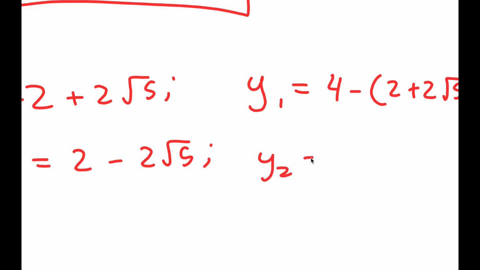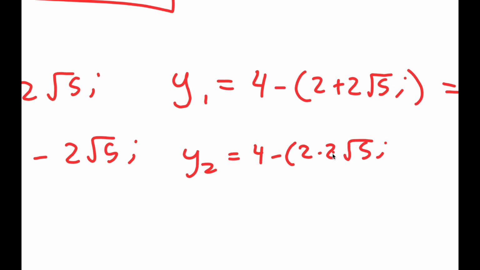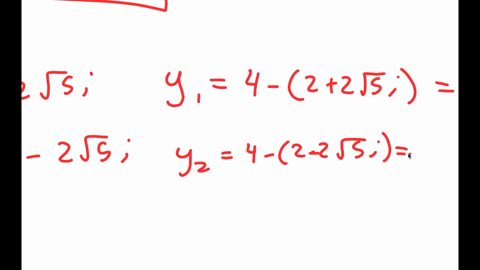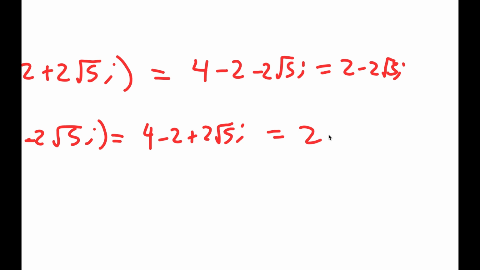And for y2, I get 4 minus 2 minus 2 root 5i, which is equal to 4 minus 2 plus 2 root 5i, which is equal to 2 plus 2 root 5i.